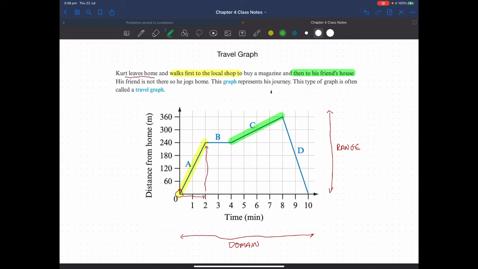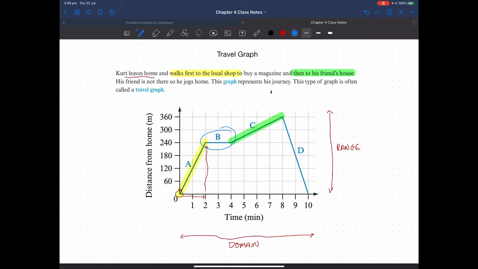You might be thinking, why didn't I highlight the horizontal line joining line A and line C, which I am now going to circle in blue. Kurt went to buy a magazine. So when he was at the shop, he was buying the magazine.